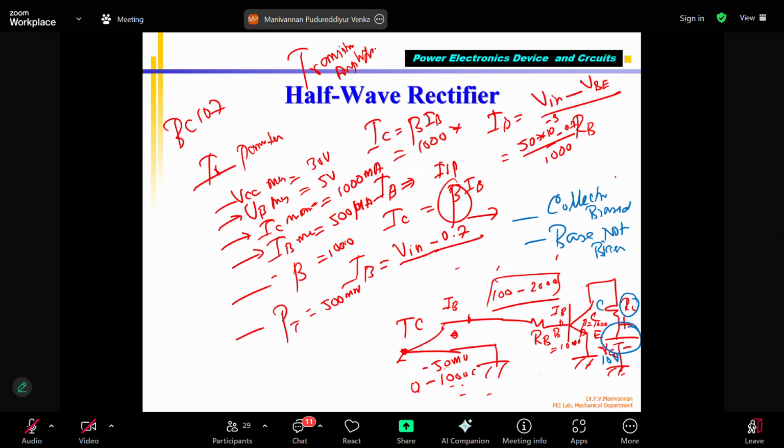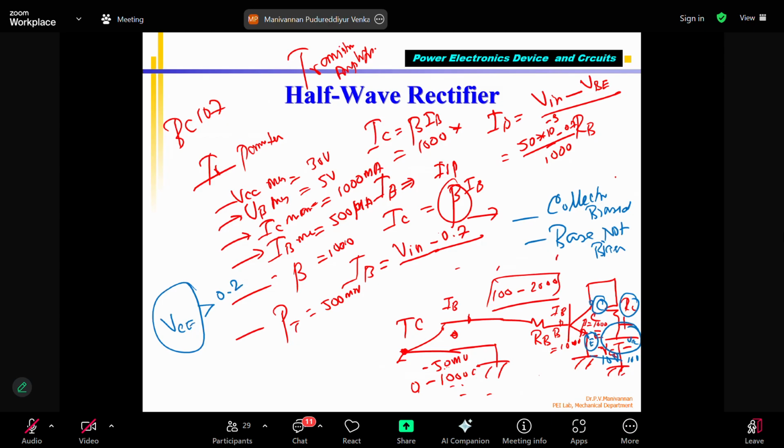The emitter is connected to ground, battery negative of VCC. Collector is given, say, 10 volts. We know that this voltage between the emitter and collector is called VCE. If VCE is greater than 0.2 volts, then I say that my collector to emitter is biased. Correct?